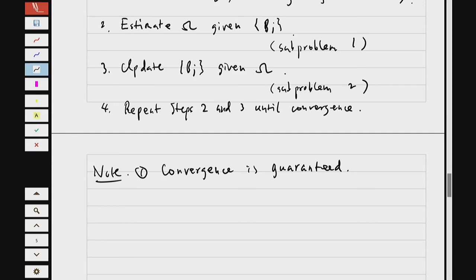The EM algorithm as we stated here is only a special case applied to Gaussian mixture models. EM can actually be applied to more general forms, and in the appendix of the textbook there's a proof of convergence for the EM algorithm in general, not just for Gaussian.